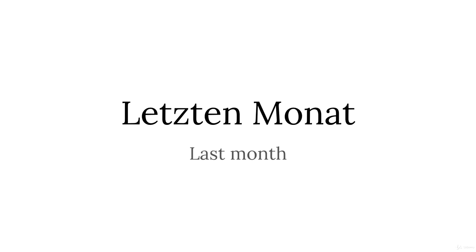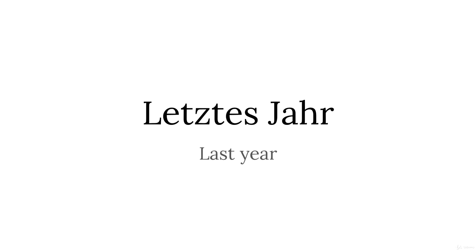But remember, you say letzte Woche without the N. And letztes Jahr means last year. Those differences at the ends in the word letzte, whether it's letztes or letzten, it's because the gender of the word is different. Again, don't think about it too much for now. Those things are going to come in the next course. Last year is letztes Jahr.